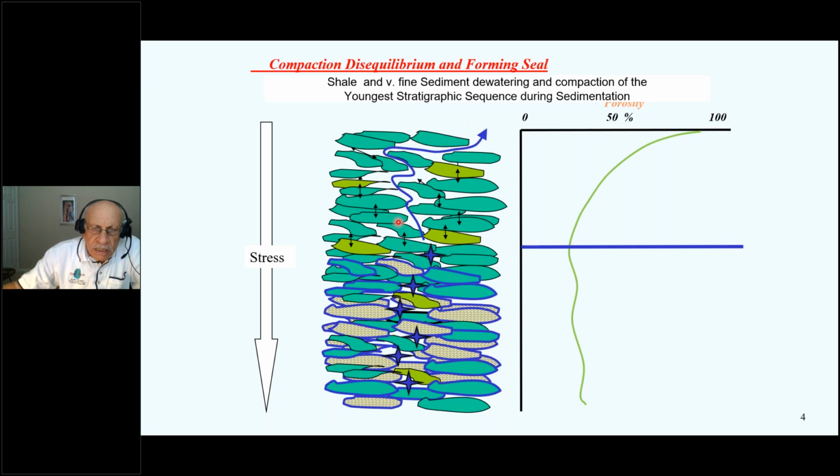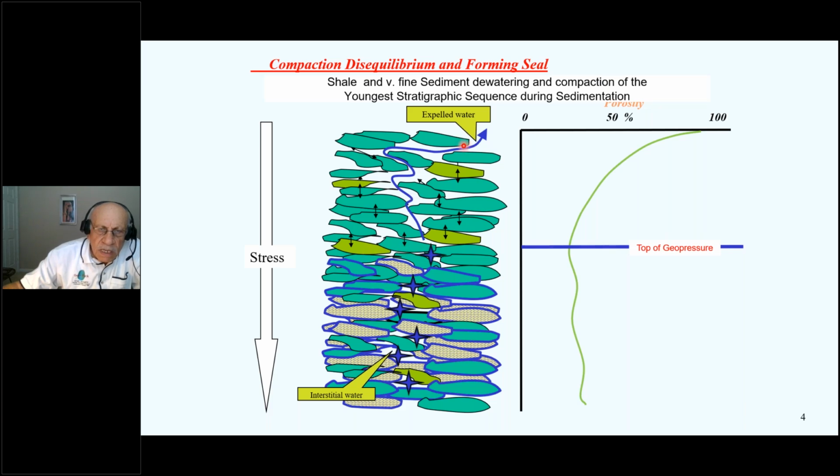During the compaction, most of the fluid goes out, and that's what we call the expelled water. Some of it stays in, cannot be released by stress, and reaches a point at the top of the geopressure build up here. This is when the seal starts to form itself.